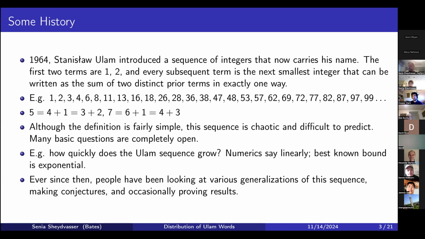On the other hand, the best known bound, as far as I know, unless there's been some huge progress recently that I've missed, is that this sequence can't grow faster than the Fibonacci sequence, which is a trivial bound because for sure the next term is never larger than the sum of the last two. If it was always exactly the sum of the last two, then this would be the Fibonacci sequence. We know that that is exponential. It has to be less in general.